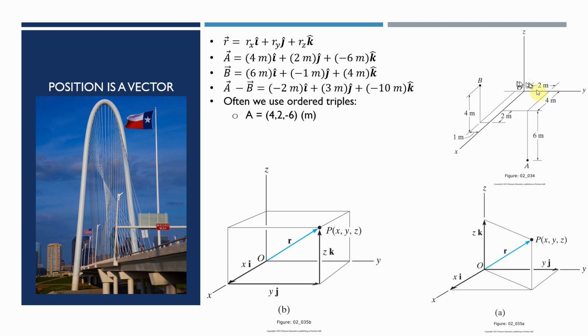The vector B, we have to go 4 meters plus another 2 meters in the x direction, 6 meters, and then back 1 meter in the y direction, and then we go up 4 meters in the z.